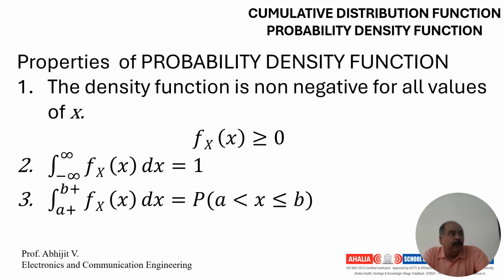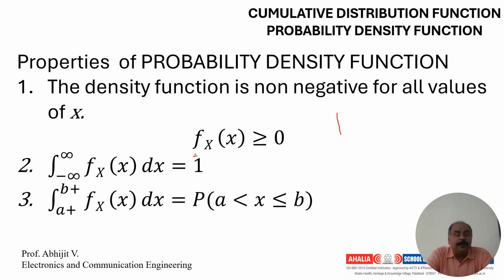It is denoted by small f, okay, f_X(x), while cumulative distribution function CDF is denoted in capital letters F_X(x). So f_X(x), denoted by small f, is the probability density function, and cumulative distribution function is represented by capital F_X(x).